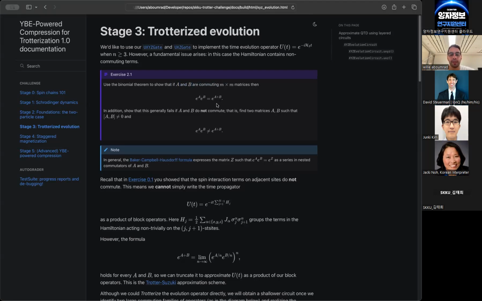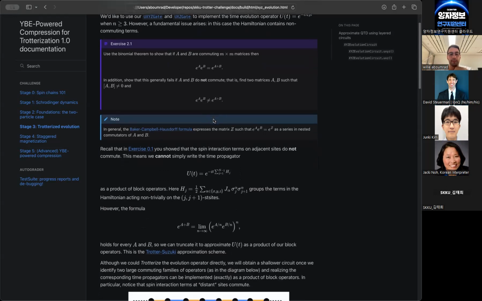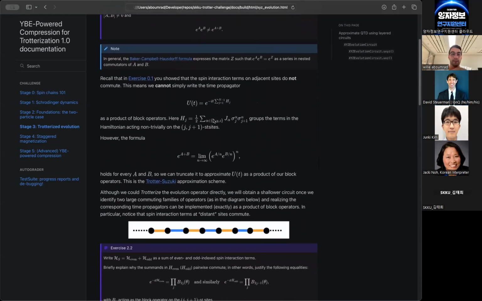So we cannot directly factor, or at least we haven't found a way to directly factor, the general time propagator as a product of time propagators for smaller blocks or for 2-qubit pieces. So we won't be able to do this directly, but we might be able to approximate it. And this explains why we end up with deeper circuits.